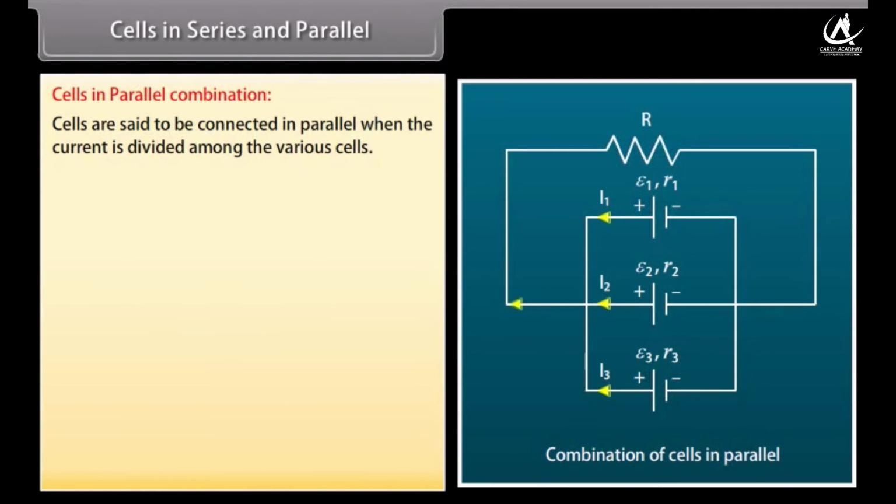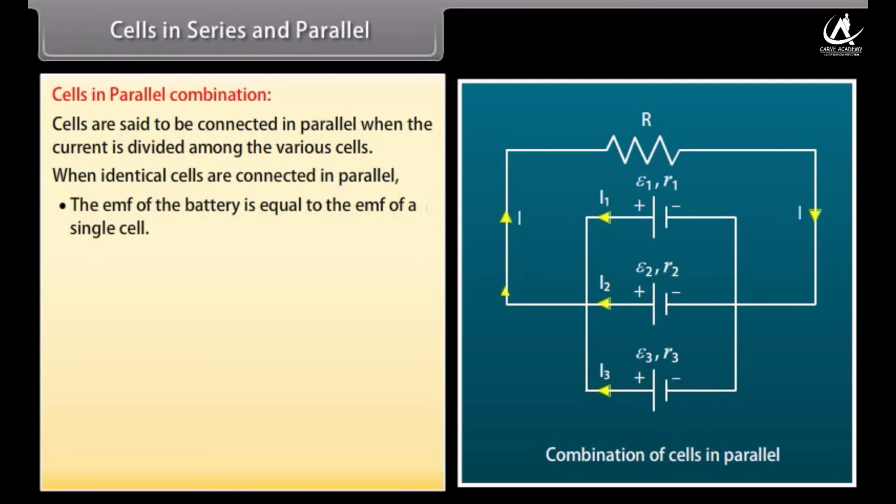Cells are said to be connected in parallel when the current is divided among the various cells. In ordinary parallel connection, all the positive terminals of the cells are connected together and all the negative terminals are connected together. When identical cells are connected in parallel, the EMF of the battery is equal to the EMF of a single cell.